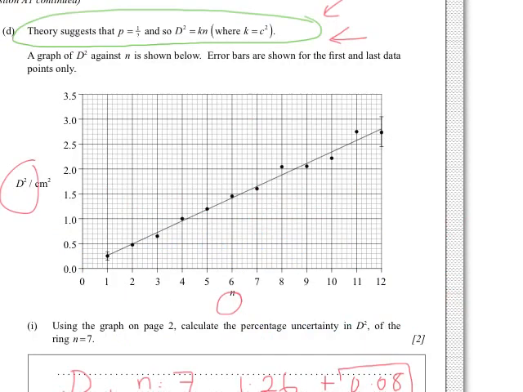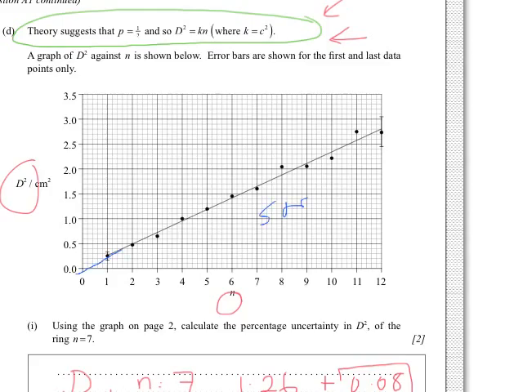The next question refers to this graph. It asks, what evidence is there that this graph is proportional? So it's asking you the same thing again, effectively. The evidence will be, again, that this graph goes through the origin. So if you follow this line of best fit, it should, going through all the error bars, go through the origin.